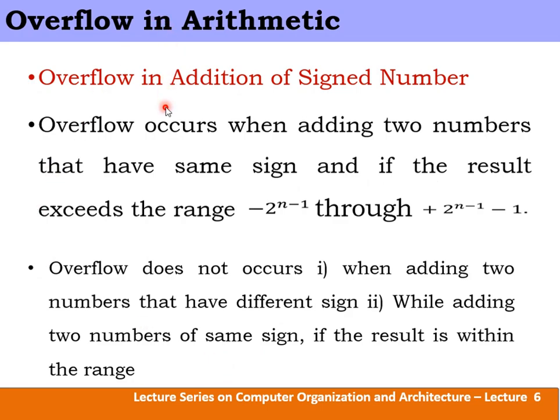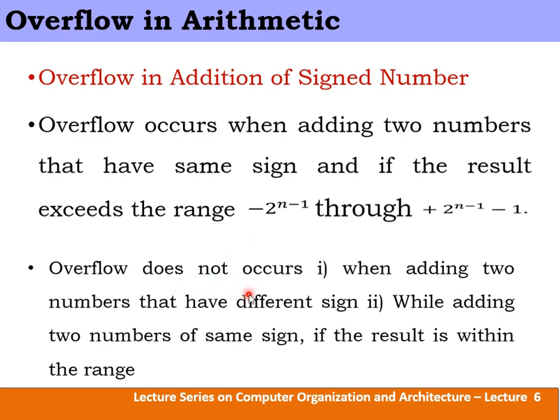In the addition of signed numbers, overflow occurs when we are adding two numbers having the same sign. So if we consider two numbers for performing an addition operation having the same sign, and the result exceeds the range, then we say that an overflow has occurred.